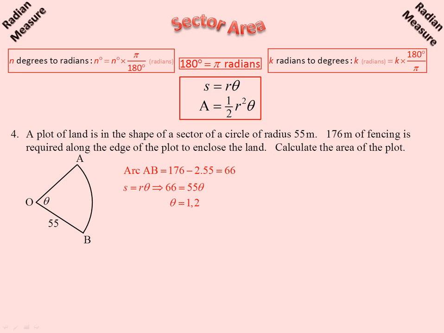So there is our angle in radians. Actually easier to work with than degrees. Now we know our theta, we know r, so we can find the area. There's the area of our plot.